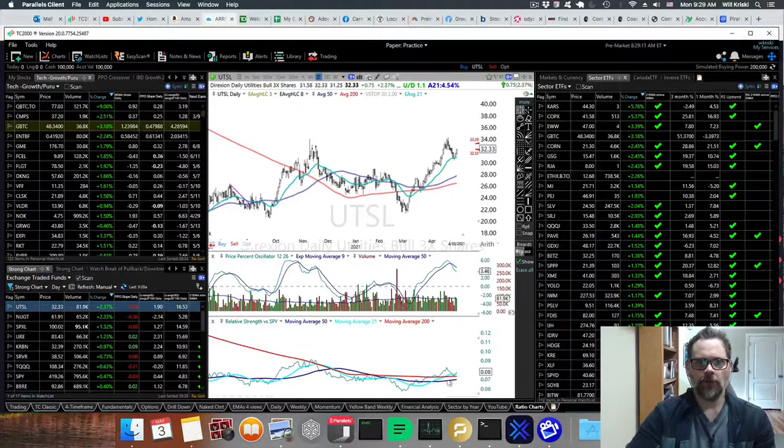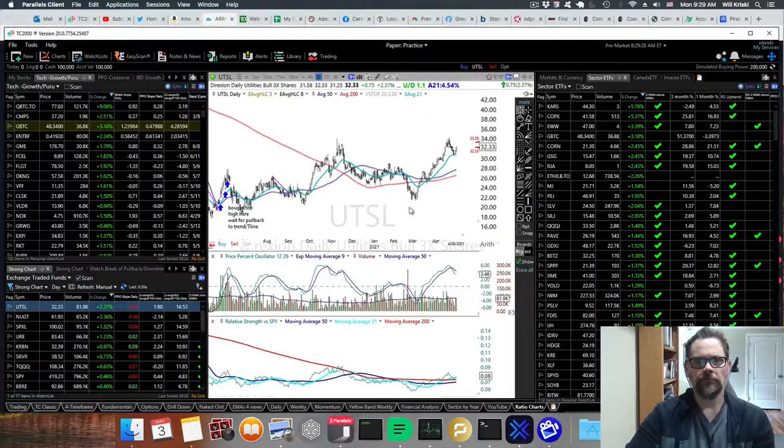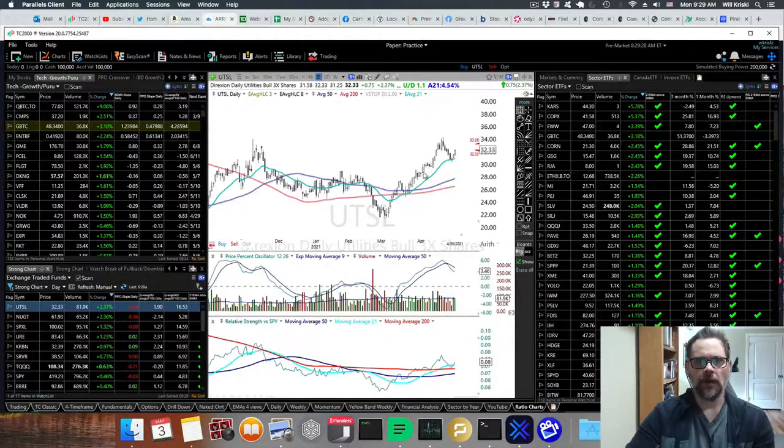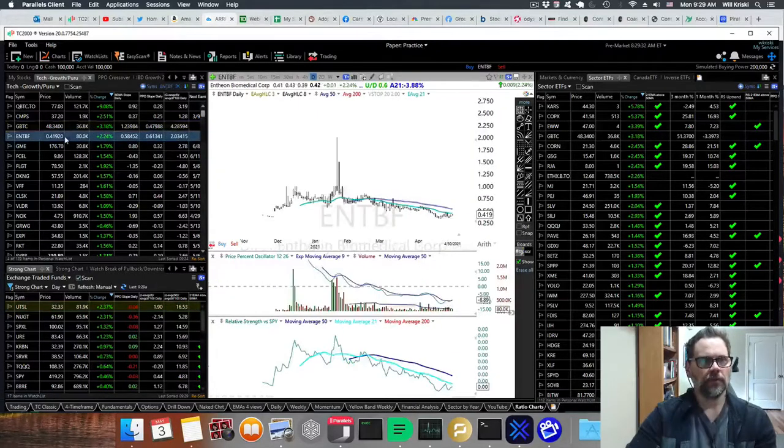The relative strength is in an uptrend here, and it's above the 50. Now you can see here the 50 is not quite crossed up over the 200 in terms of the relative strength, but here, the normal moving averages are in the right order. But anyways, I wanted to talk about crypto.